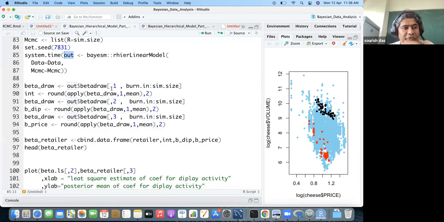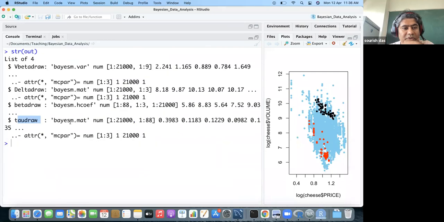The beta draws is a 3-dimension array that is supplied: 88, the first index is for the 88 retailers. Then there are 3 coefficients: 1 for intercept, 1 for display activity, and the third coefficient for log price. And then 21,000 simulations on the third index.